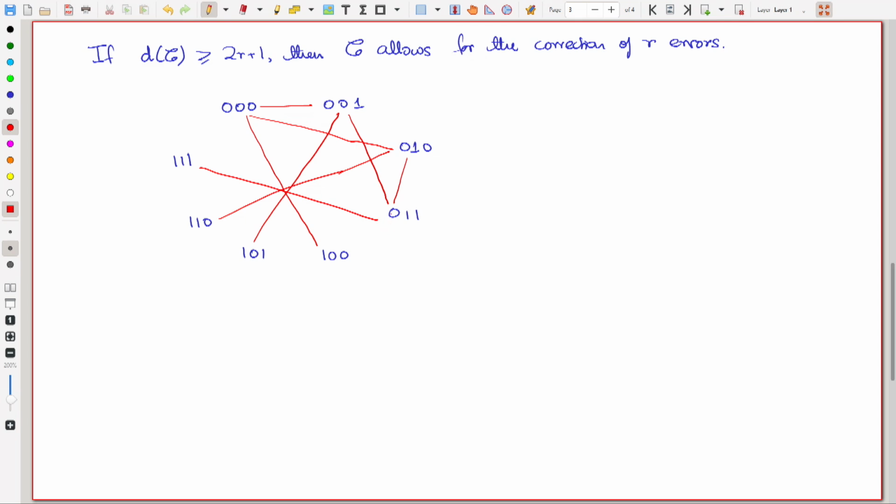So, if I change the middle bit, 001, 010 and 111. So, this is already connected, 100, 110, 110 here, and 101, right.